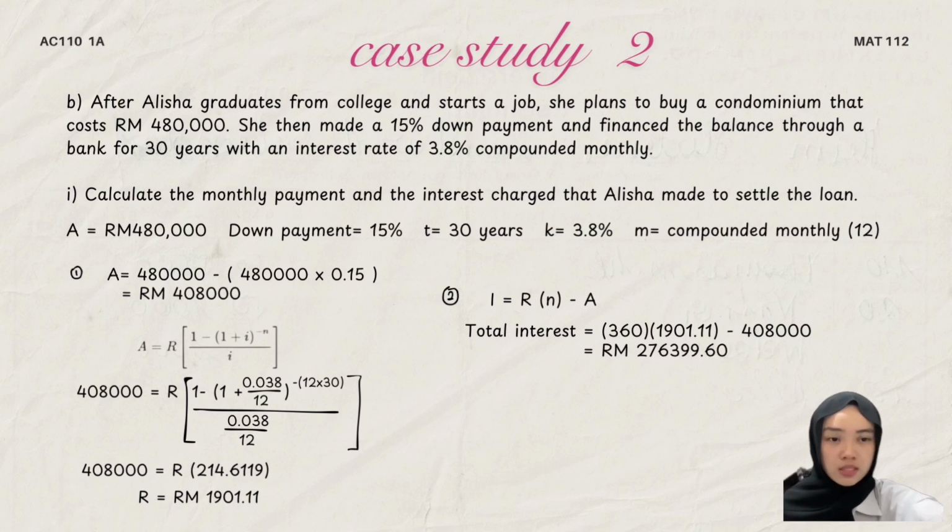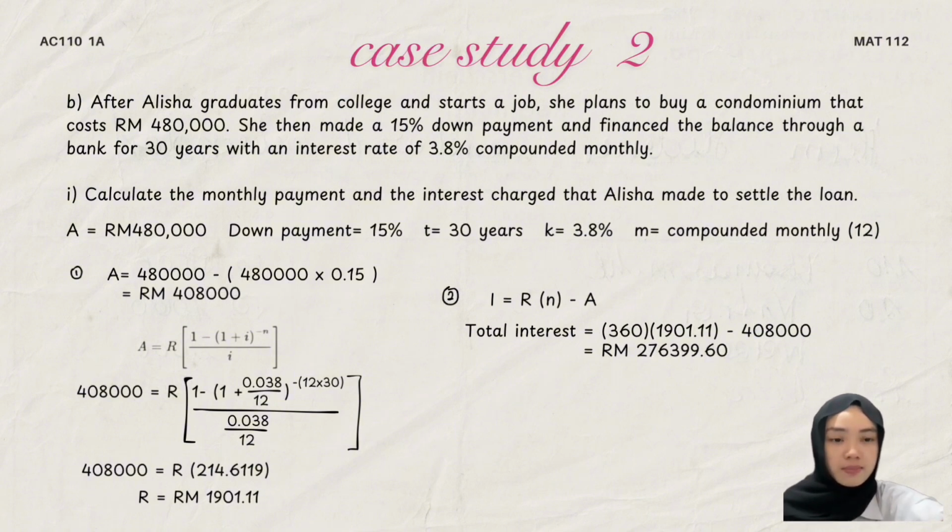Based on the information given, A equal to 418,000, down payment is 15%, T is 30 years, K equal to 3.8% and M is 12. To get the value after the down payment, we need to minus 418,000 by 418,000 multiplied by 0.15. Then the value after the down payment is 408,000.